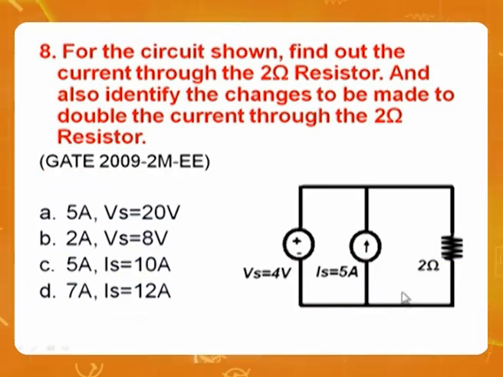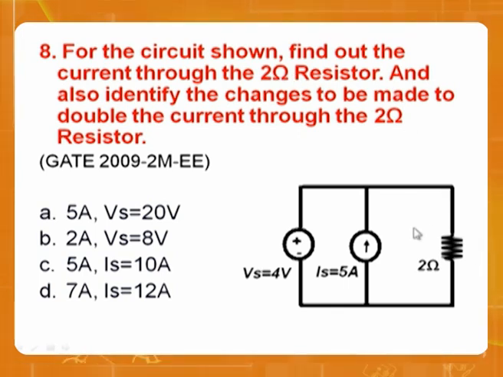For the circuit shown in the figure, find out the current through the 2 ohm resistor and also identify the changes to be made to double the current through the 2 ohm resistor. Look here. This is a voltage source, the current source, and there is a resistor here.